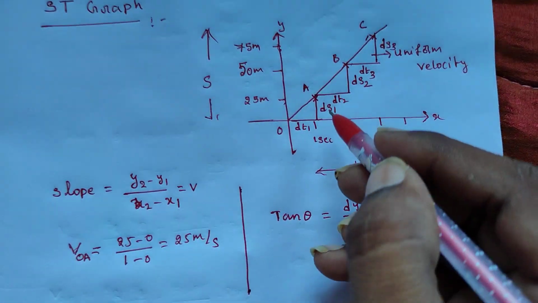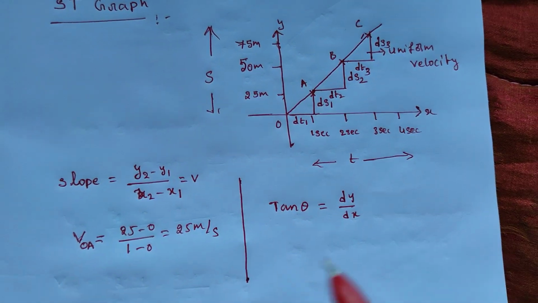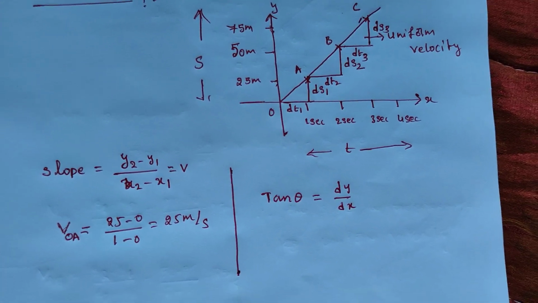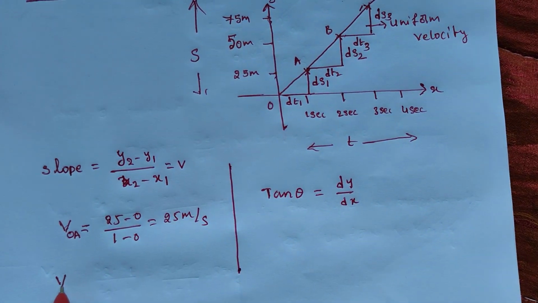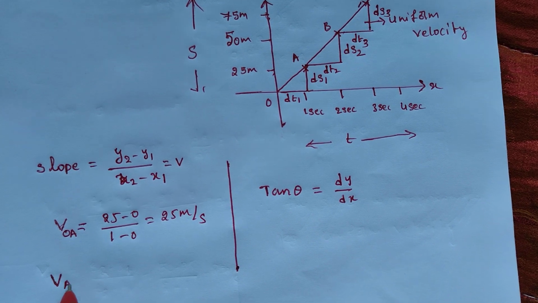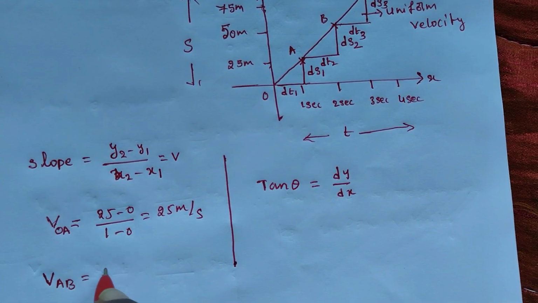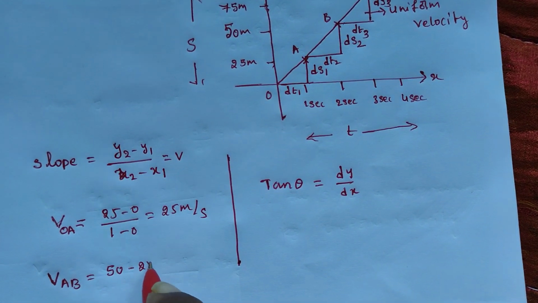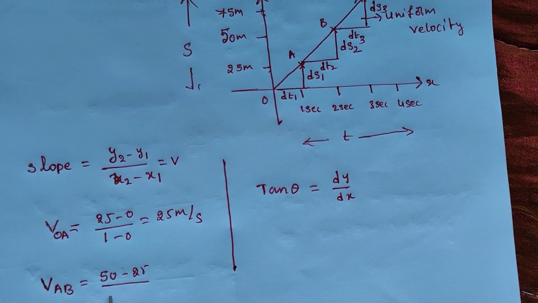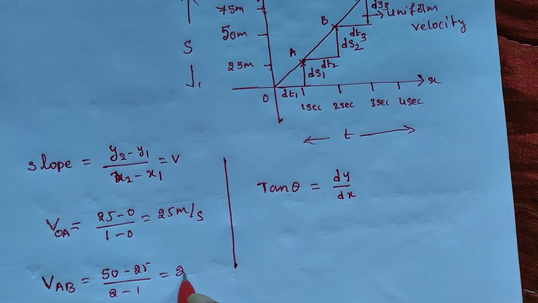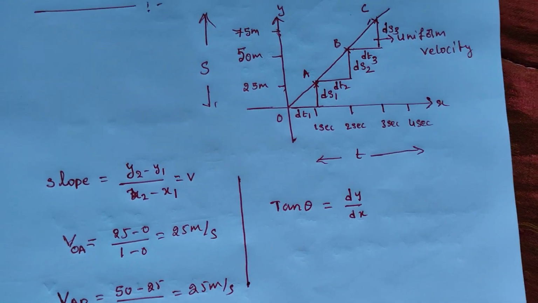Next, the slope of AB. We have to calculate the slope of AB equal to the velocity of the body between A and B. So how much? 50 minus 25 divided by 2 minus 1, that is equal to 25 meter per second.